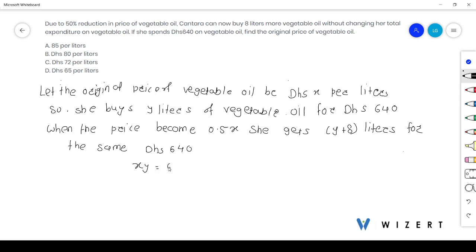So xy will be 640. Suppose this is first, that is 0.5x into y plus 8.